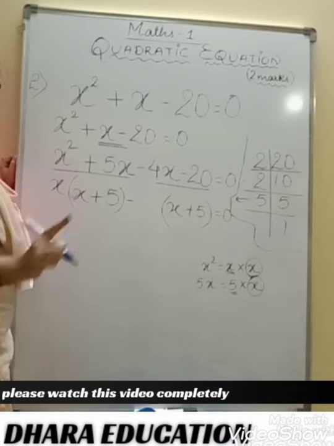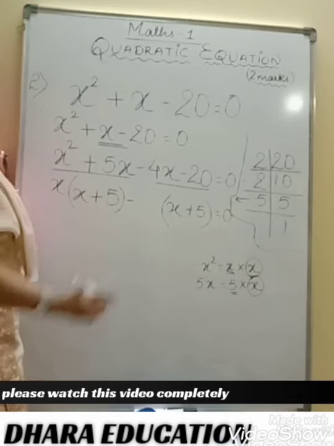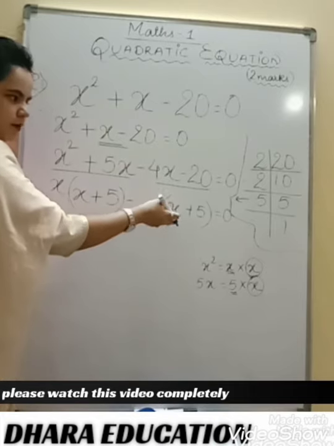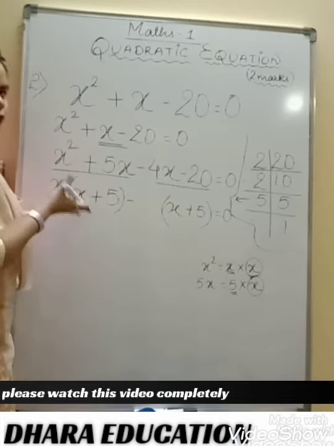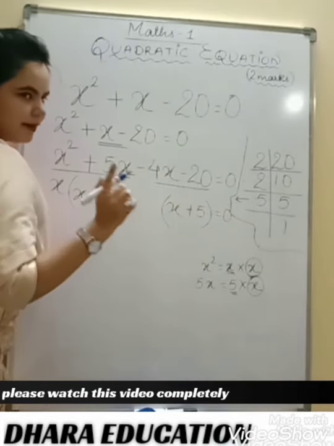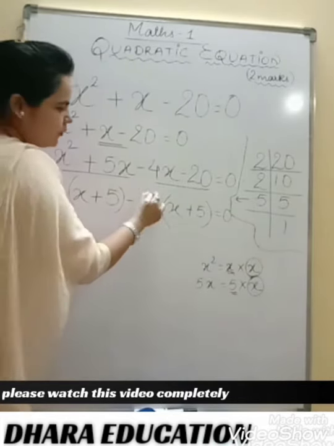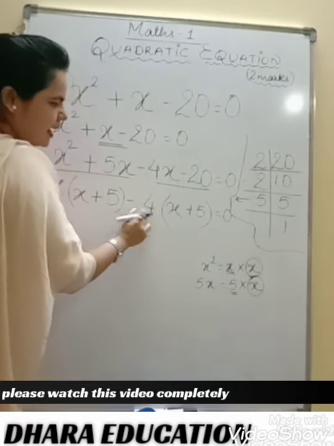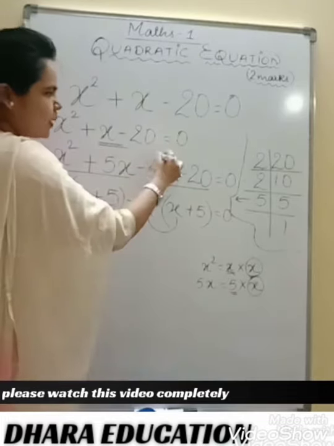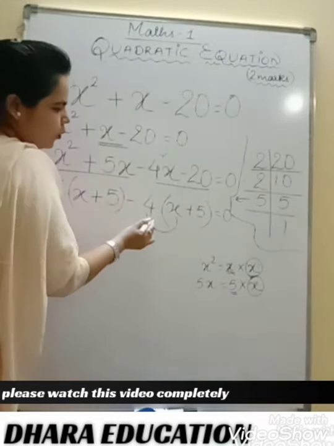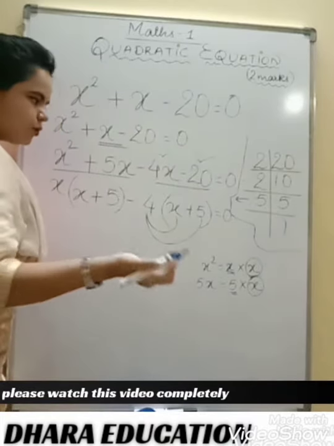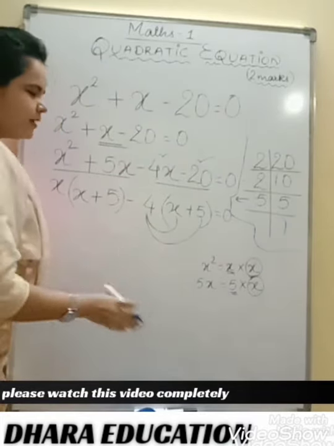But now you have to make sure the terms are split in such a way that it fulfills the way the first pair fulfilled. So here x plus 5 is there, right? If we put 4 here, 4 multiplied by x gives you 4x. Yes, the first part is fulfilling. 4 multiplied by 5 gives you 20. Exactly, so our equation is absolutely right.